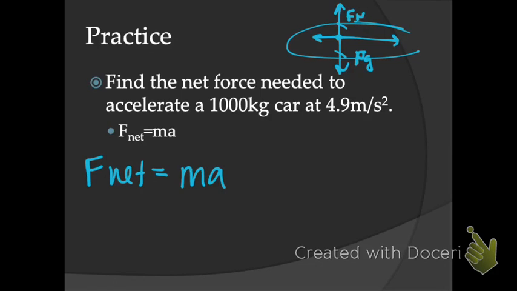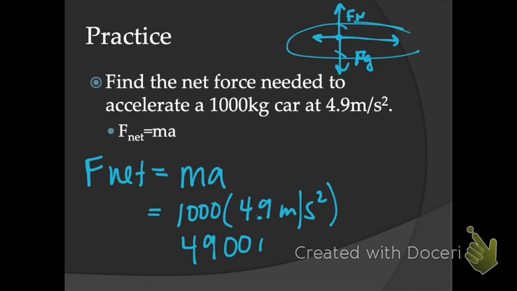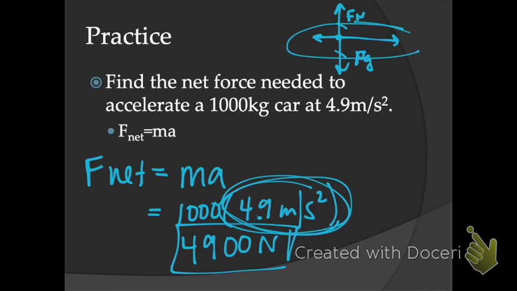All I need to know is that it has a mass of 1,000 and it accelerates at 4.9 meters per second squared, which means that my net force is 4,900 newtons. This acceleration is taking into account any other force that's acting on it. This is its resultant acceleration. So that's really all that's important for us, okay?